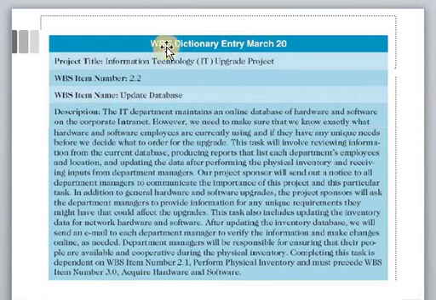For example, a work breakdown dictionary sample item is presented. In this particular WBS dictionary, this entry is of March 20. The project title is Information Technology Upgrade Project, and the WBS item which we will consider under this dictionary is work breakdown structure item number 2.2, and the item name is Update Database.